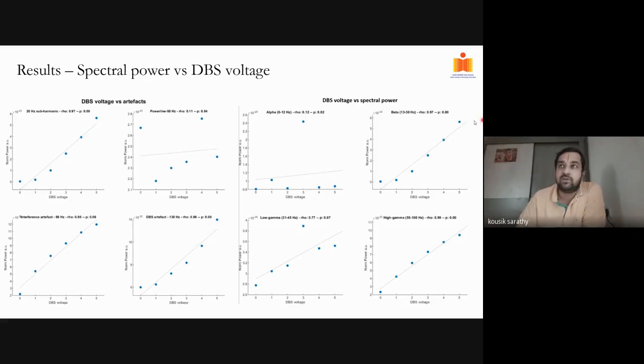And you can also see the beta band, which subsets our 20 hertz subharmonic, is also very much correlated with the DBS voltage. And the high gamma, which subsets the interference peak that we talked about, also has a high correlation with the DBS voltage.